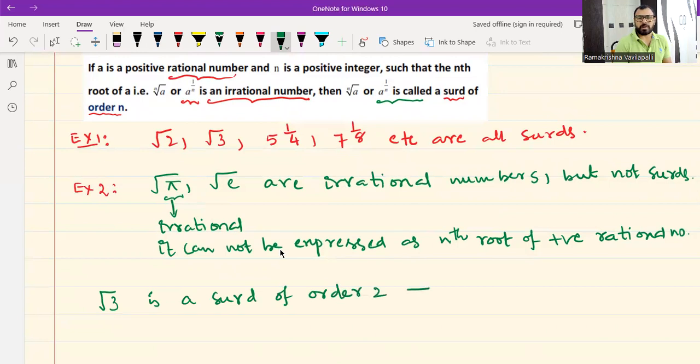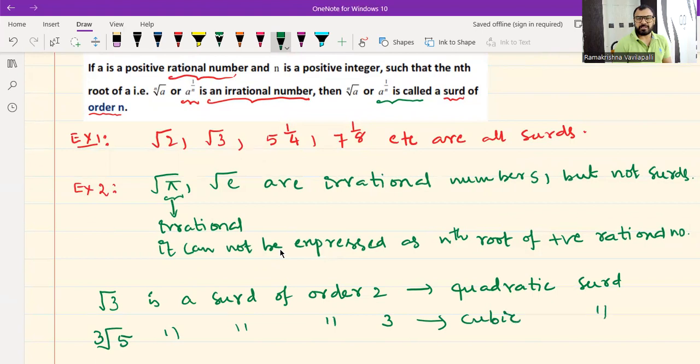This is known as a quadratic surd. And if you take the cube root of 5, it is a surd of order 3. So this is known as a cubic surd, etc.